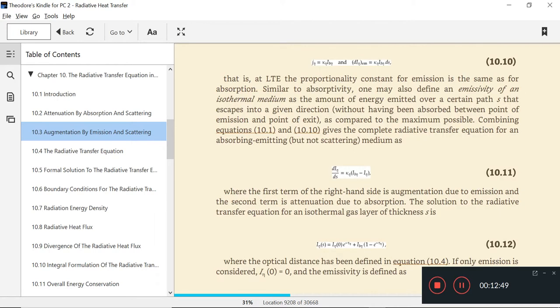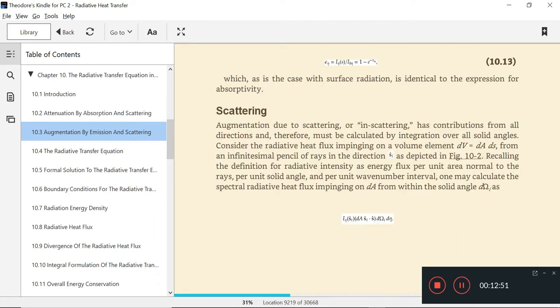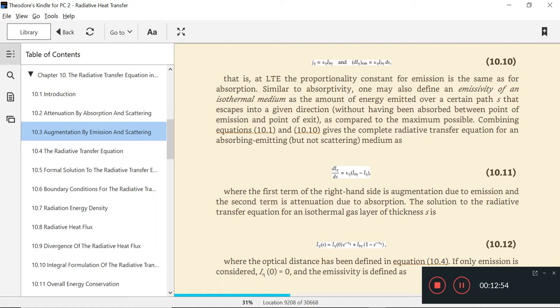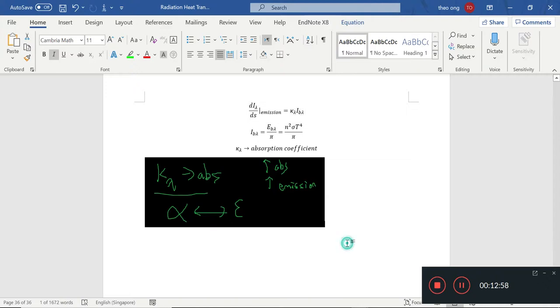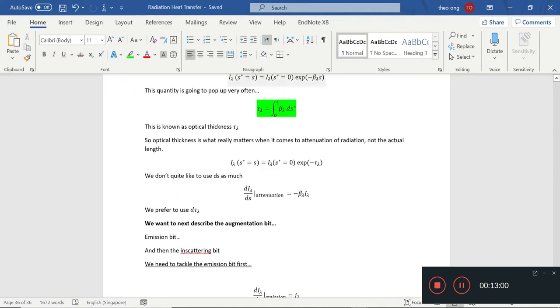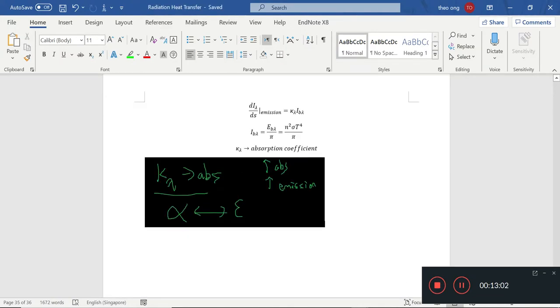I'm not going to go through all of this, but let's go into scattering, which is even more complicated. Let's consider in-scattering.